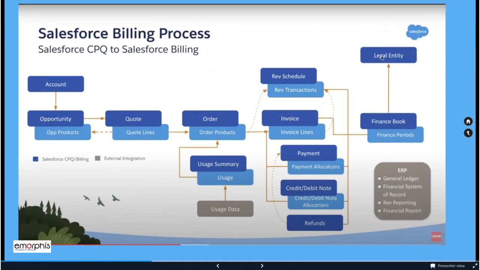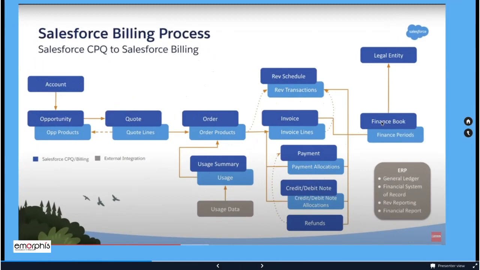Now, legal entity. Every org has a legal entity. Most orgs prefer having a single legal entity, but Salesforce Billing supports multiple legal entities. So if your org wants to have multiple legal entities, you can place that there. Then each legal entity will have a finance book, and each finance book will have finance periods.